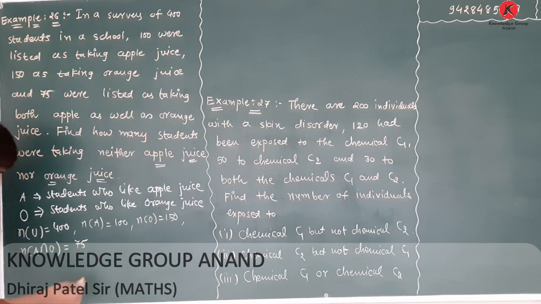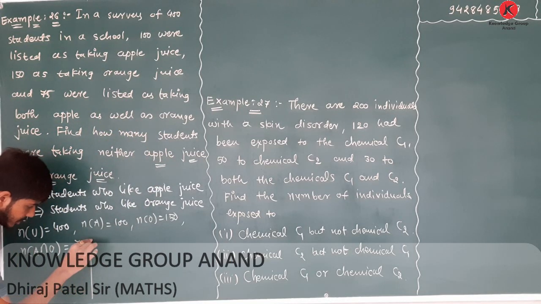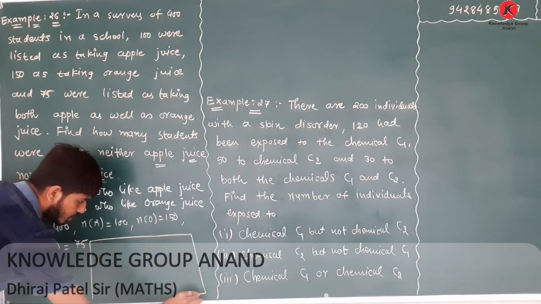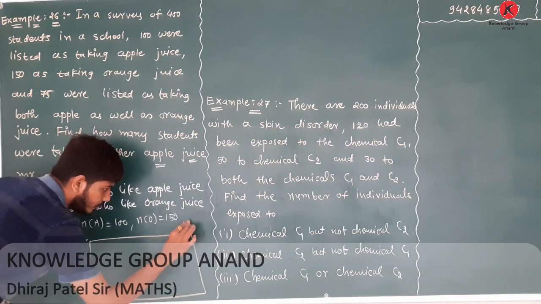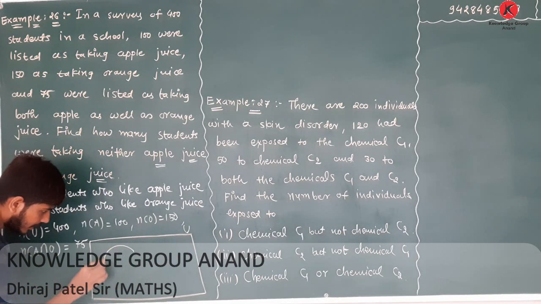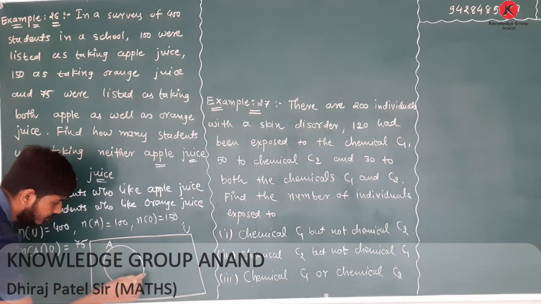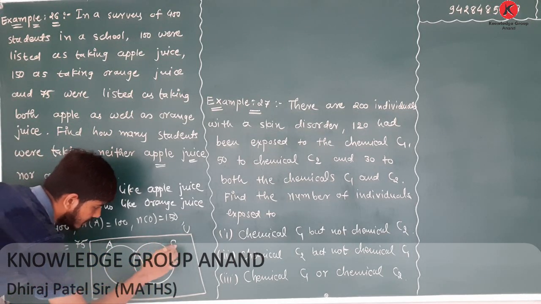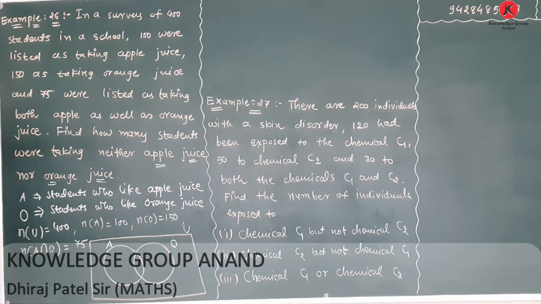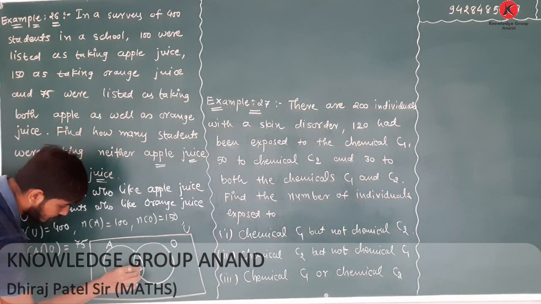Now, I am drawing the Venn diagram of this question. Suppose this is your universal set U. This is your set A, which represents apple juice. This is your set O, which represents orange juice. Now, represent the intersection portion first. Therefore, A intersection O equals 75 here.